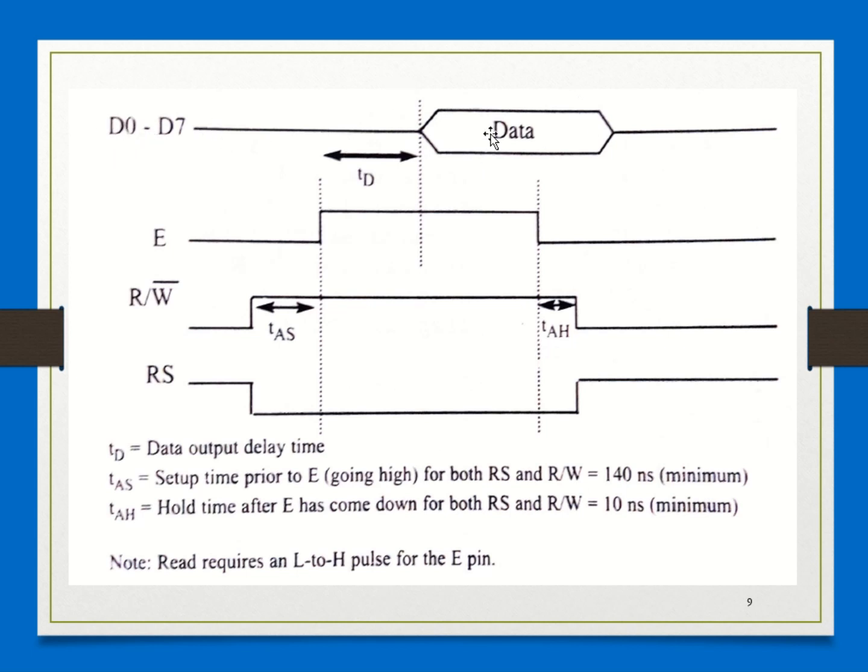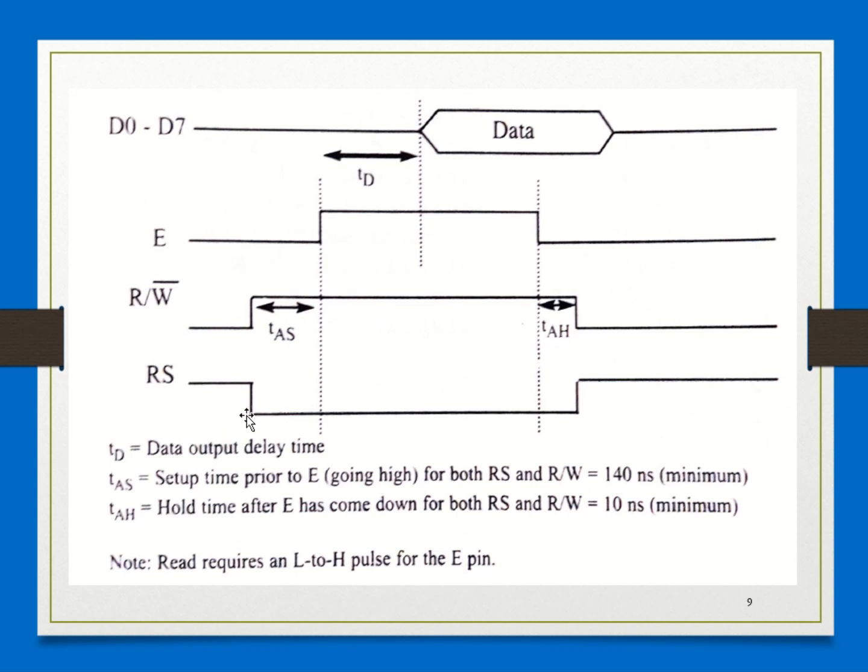Say the information is available on D0 to D7. What operation are you doing? Read operation. So when you are sending 1, it means high on this line. It is the read operation, so it is high now.